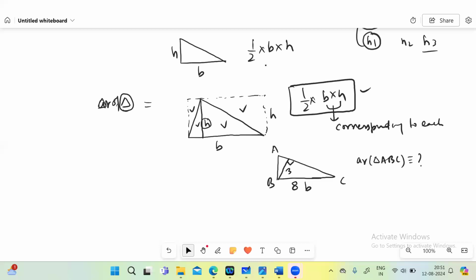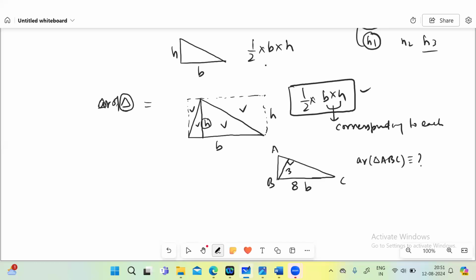Let me tell you the difference between these two statements. With these two figures, the triangle cannot be fixed. If the triangle is not fixed, it is a case of data insufficient, because we don't have complete data to fix the triangle. Why are we calling it data insufficient? Because with the same figures, 8 as base and 3 as height, we can have multiple triangles.